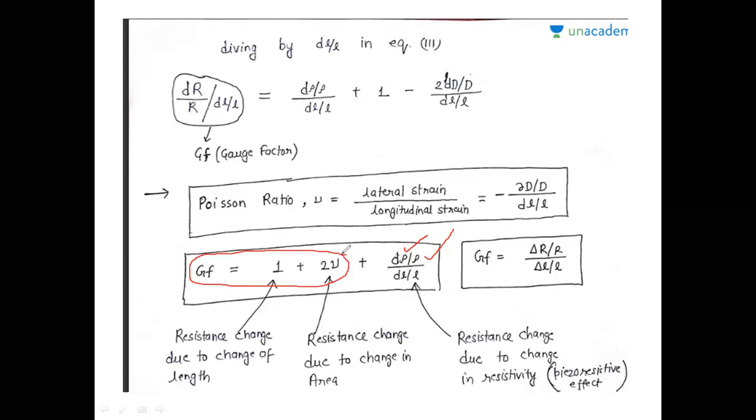You have to consider this only if the change in resistivity is not taken into account. If there is no change in resistivity, then the formula is this, 1 plus 2V. Okay, this is the derivation for gauge factor, the most important one.